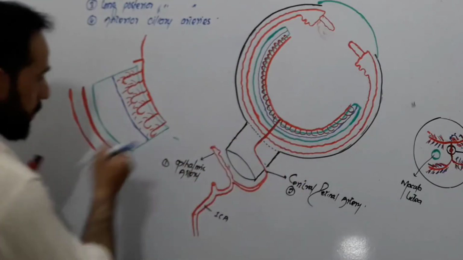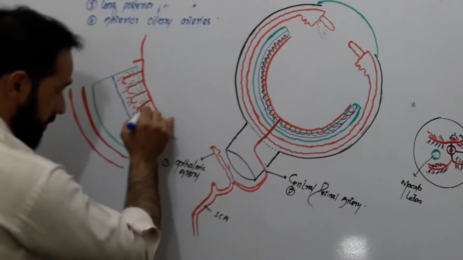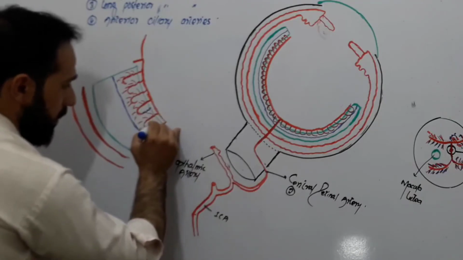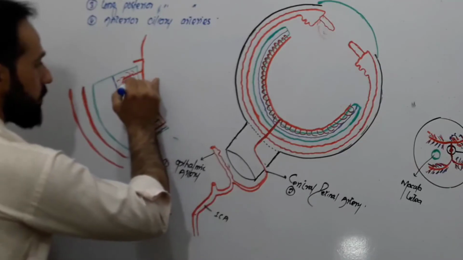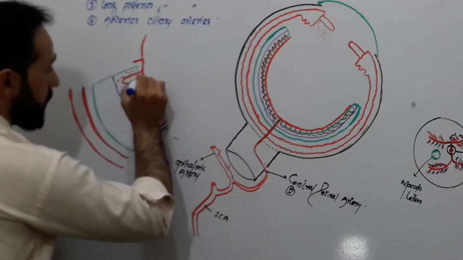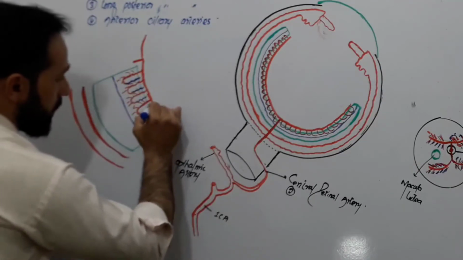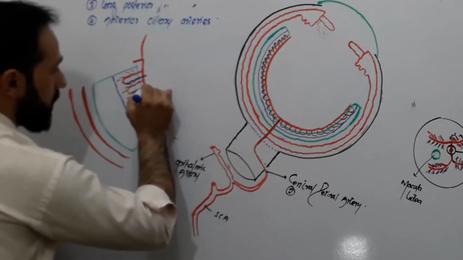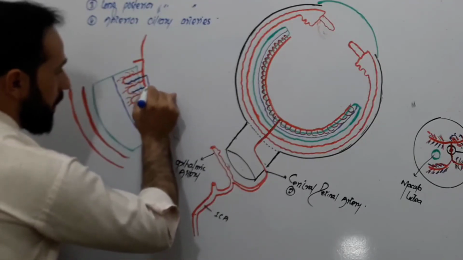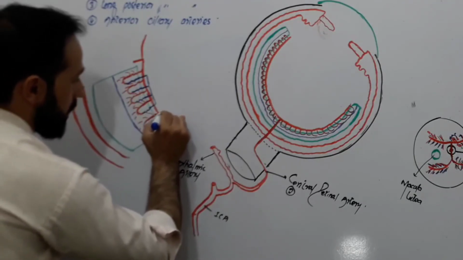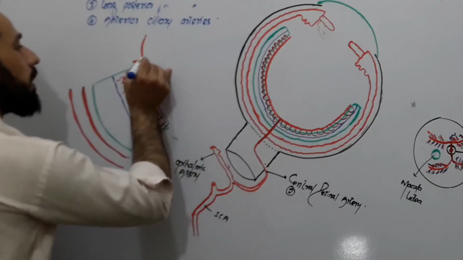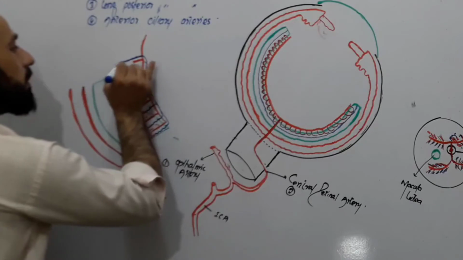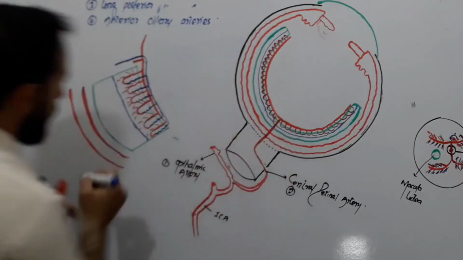Now what will they do? They will unite with the venous capillaries, as I told you there, and they will come out and again unite like this. And they will leave your eye as the central retinal vein in that direction.